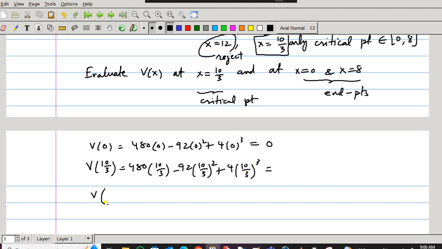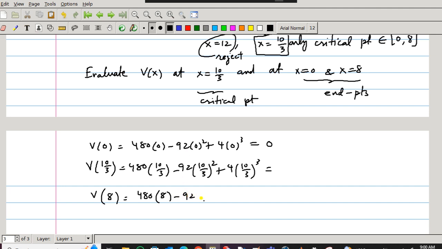And then V at 8. 8 will also give you 0. The reason is when you take the square of size 8, which is exactly half of my sheet, and bend it, it will give you another sheet which is half. No volume inside, right? So volume has to be 0 at 8. But you can calculate, you will get 0.